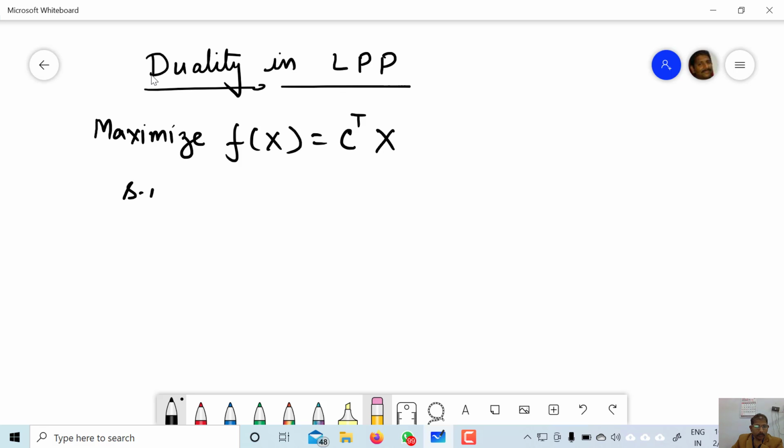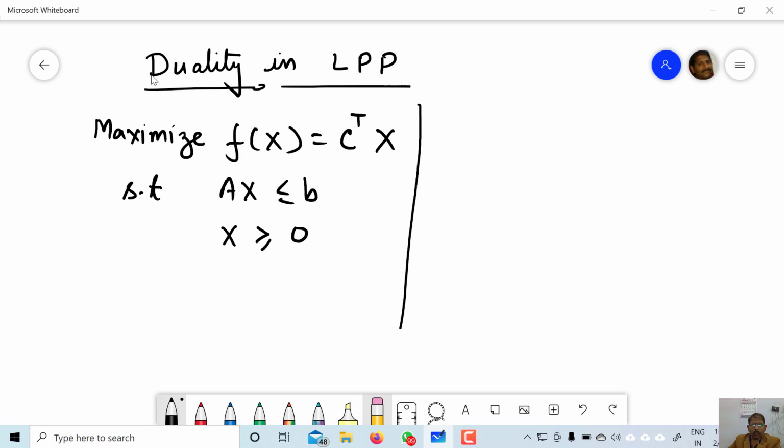Subject to Ax is less than or equal to b and x is greater than or equal to 0. This is a kind of linear programming problem. You have already studied this kind of problem and I hope you have the idea of what an LPP is.